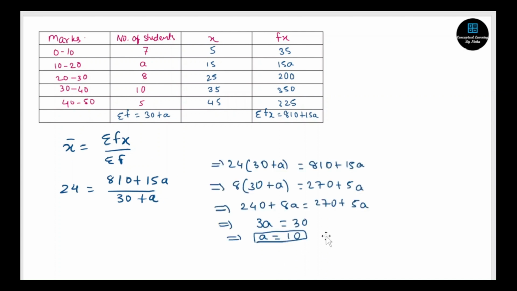On simplifying, we get a equals 10, which is the answer we required. I hope you understood these calculations. First we cross multiply, and then I divided all of them by 3, because they are all divisible by 3, to make the calculation simpler, and then I simplified. Perfect.